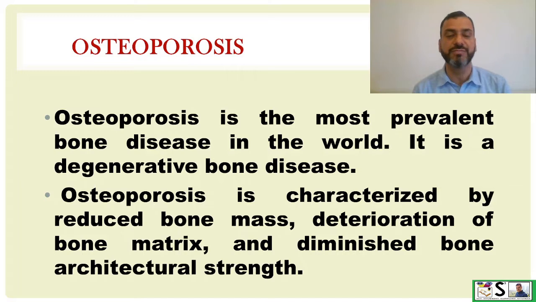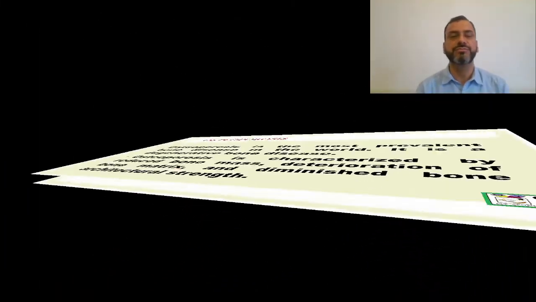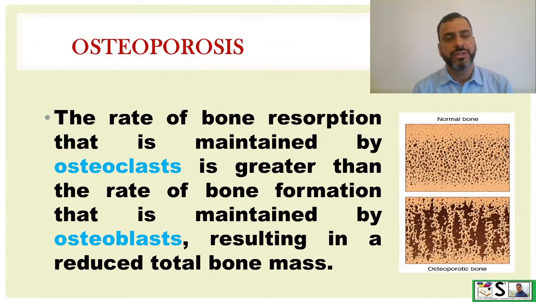Osteoporosis is characterized by reduced bone mass, deterioration of bone matrix, and diminished bone architectural strength and power. The rate of bone reabsorption that is maintained by osteoclast cells is greater than the rate of bone formation done by osteoblast, resulting in reduced total bone mass.